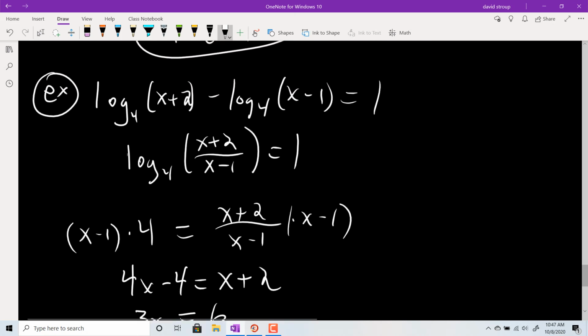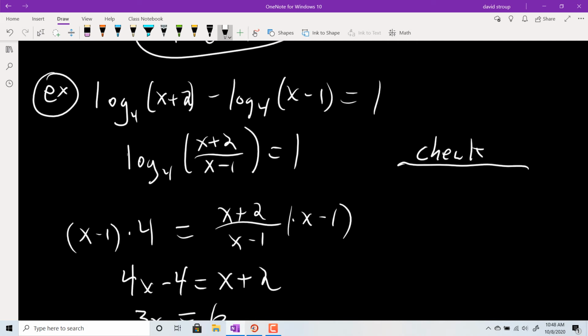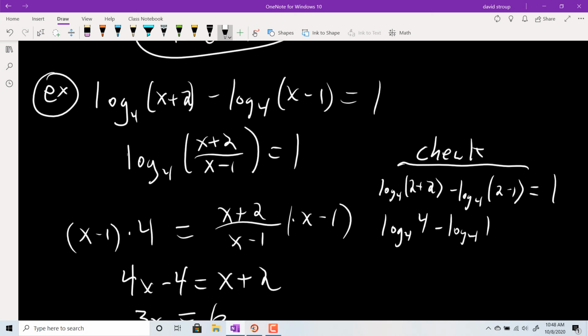Then I have to go and check, and I'm working with the original log. So log base 4 of 2 plus 2 minus log base 4 of 2 minus 1. And we need to make sure that's the same as 1. Okay, so this is log base 4 of 4 minus log base 4 of 1.